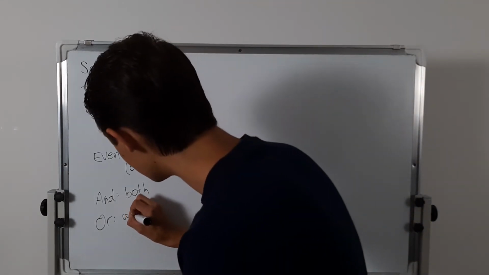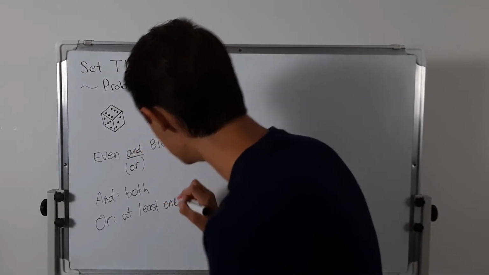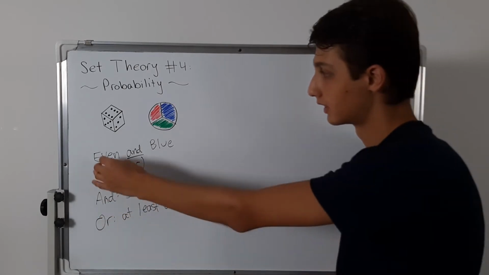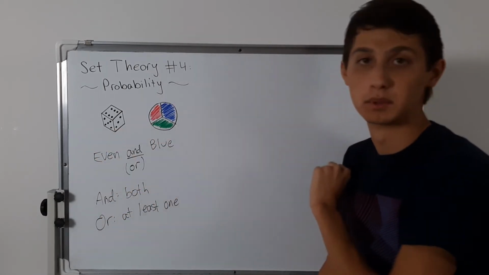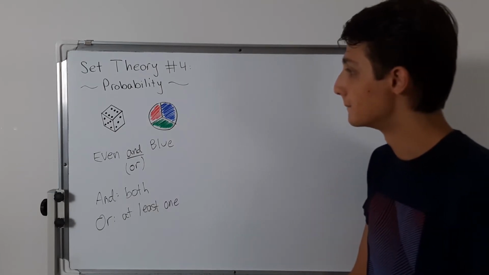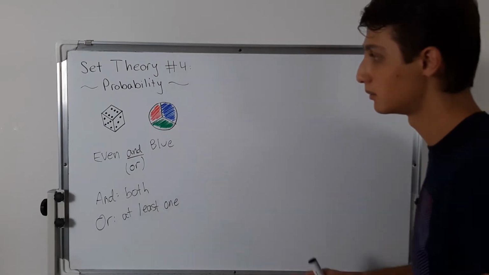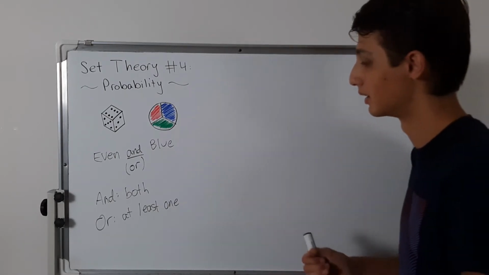"Or" is just at least one of the conditions. And so if I said even or blue, it would include everything that's even and blue, as well as just even or just blue. So let's write out a little bit of a table here, and it's going to be a pretty big table, so give me a little bit and I'll write out the table.